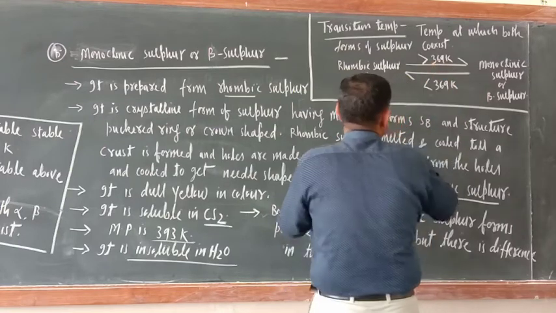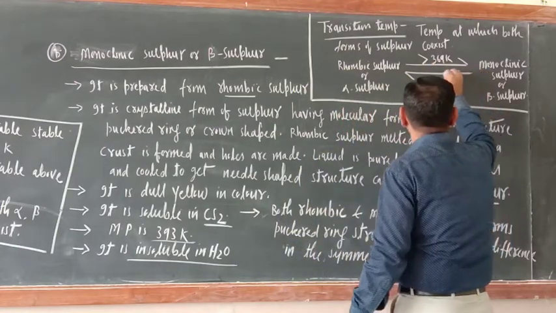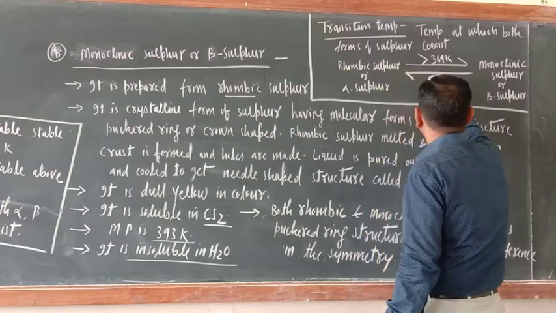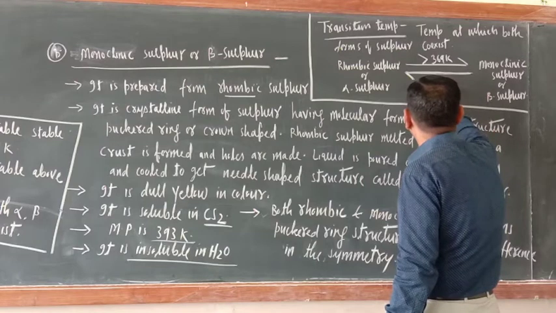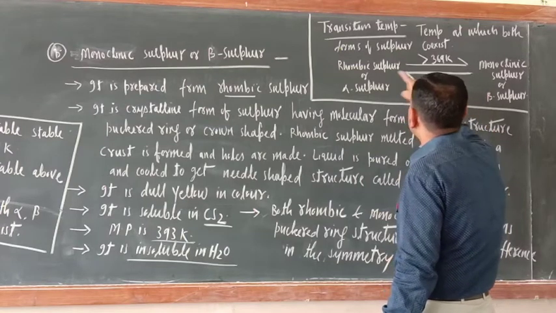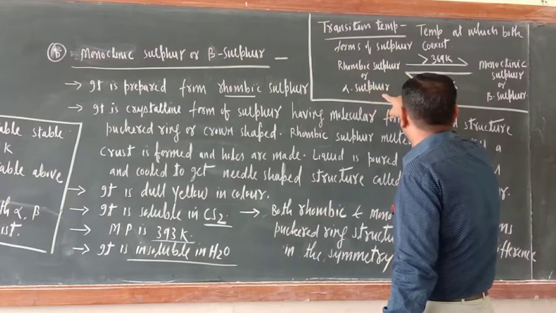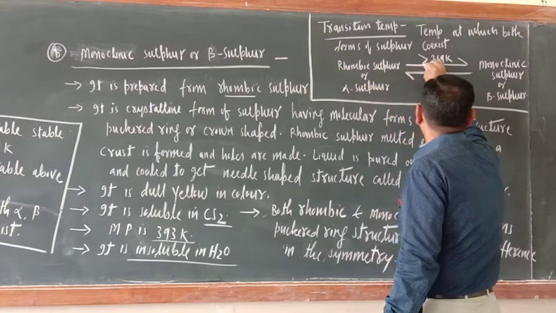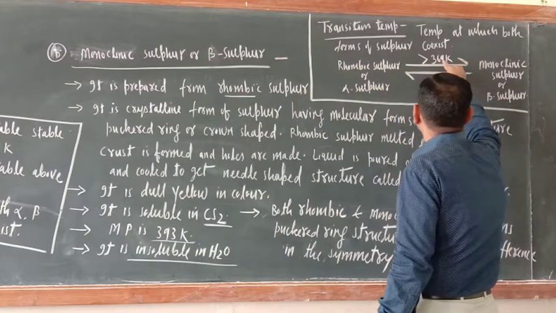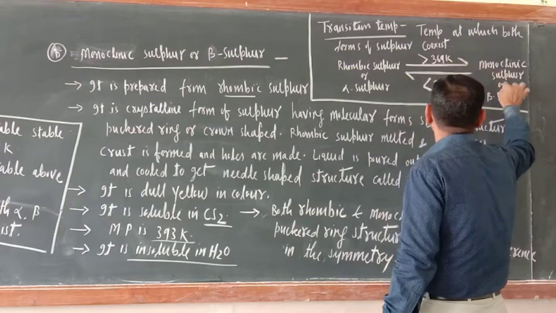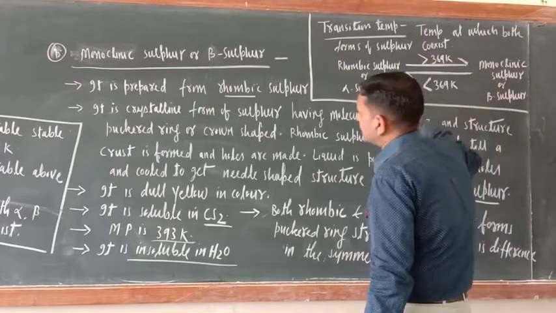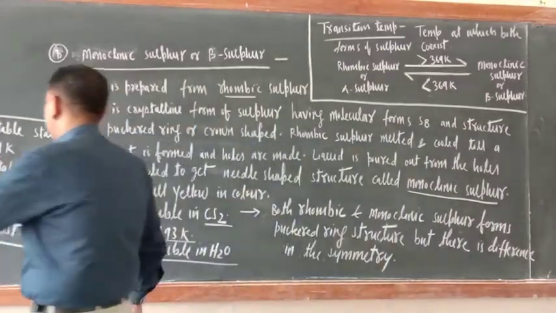already it is written, just pay attention towards this arrow, just see which is the sign. This is the sign, 369 Kelvin. So less than this temperature, rhombic sulfur or alpha sulfur is stable. Above 369 Kelvin temperature, this is the sign of above, monoclinic sulfur or beta sulfur is stable. Now this side I have summarized.